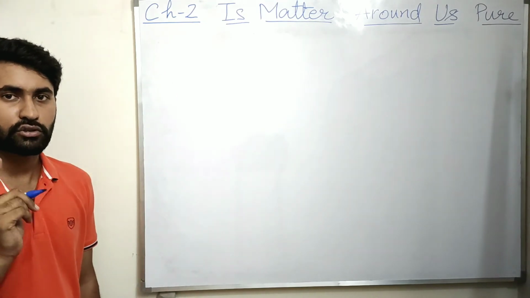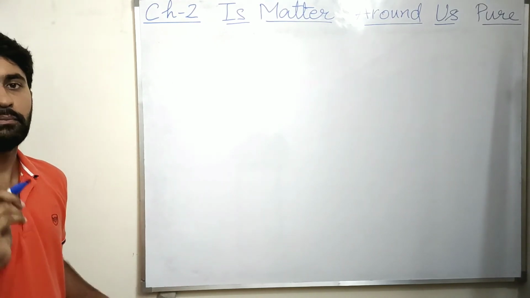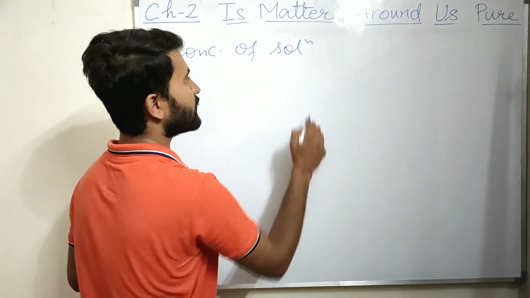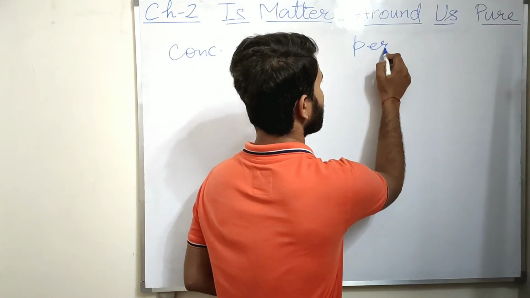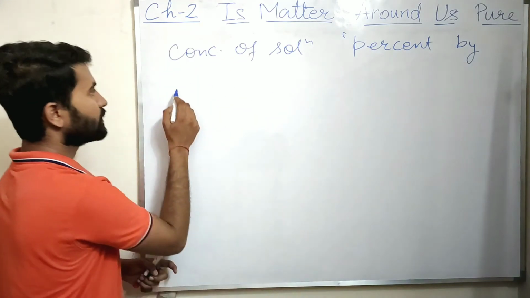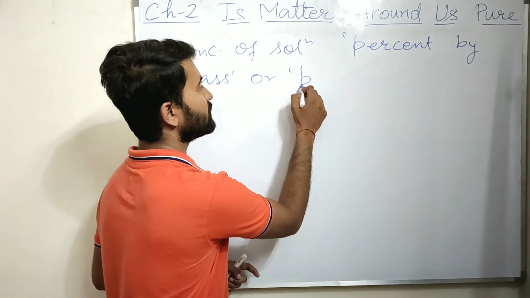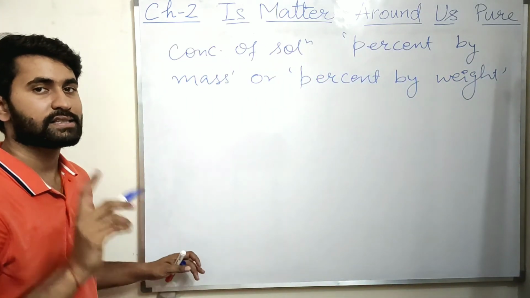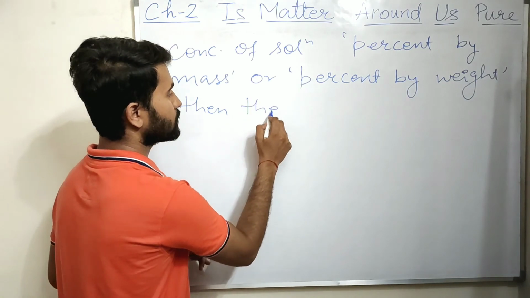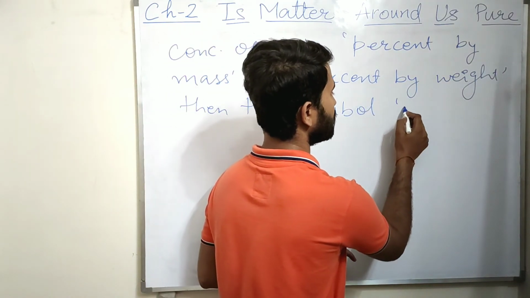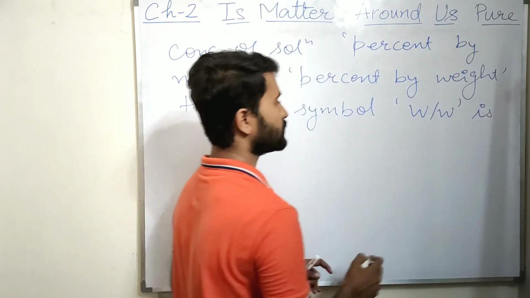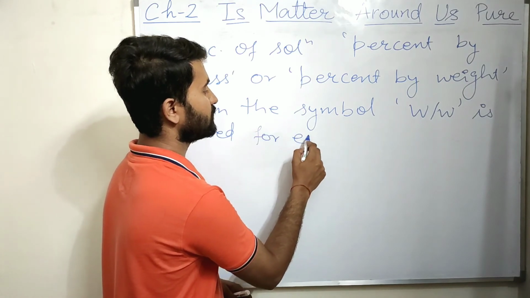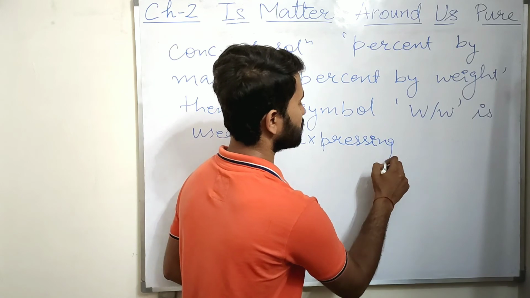When the concentration of a solution is expressed as percent by mass or percent by weight, then the symbol W by W is used for expressing the concentration.